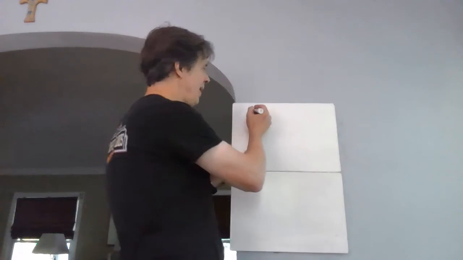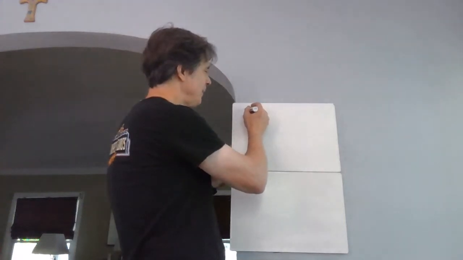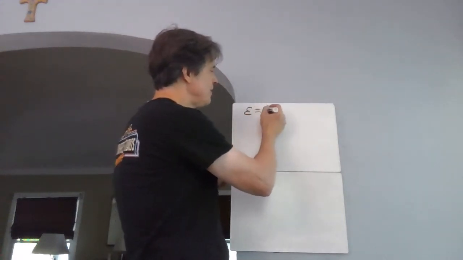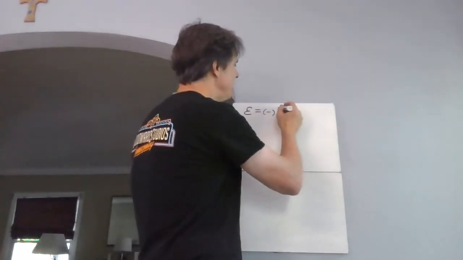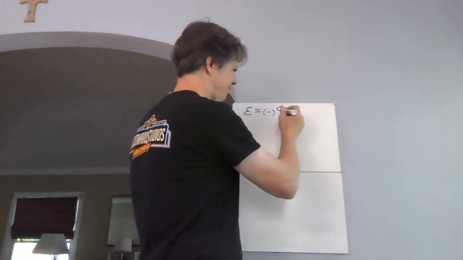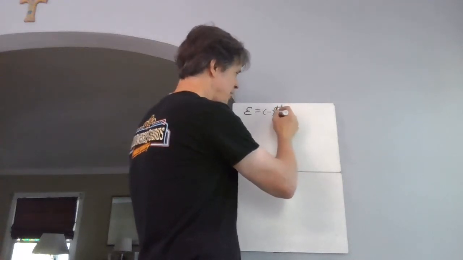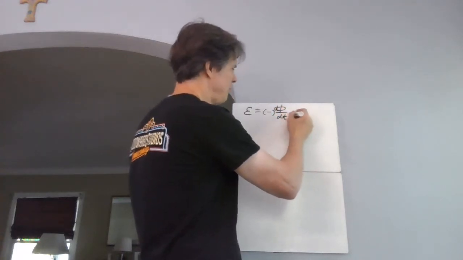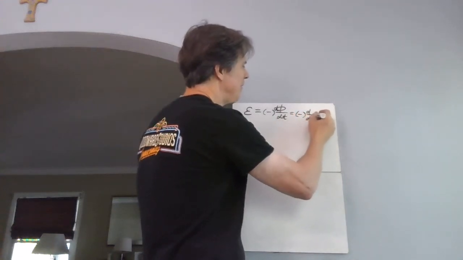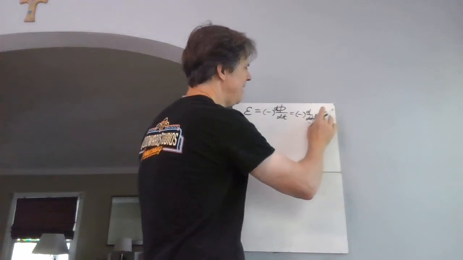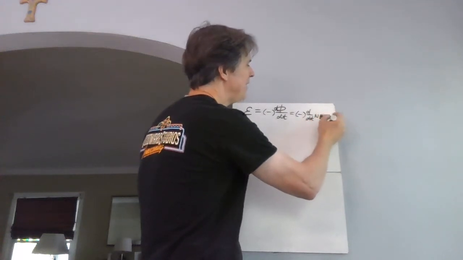So I think I'll write that this way. I'll say that the EMF that's induced is equal to, parentheses, minus sign there, the change in flux with respect to time, or if you like, negative d/dt of NBA cosine theta.